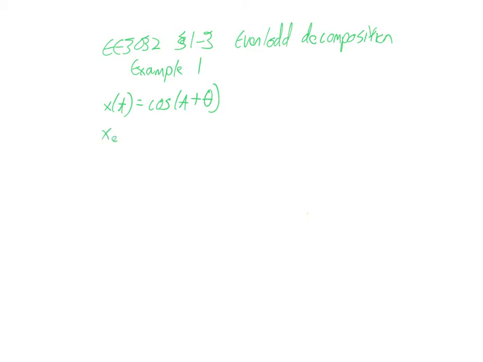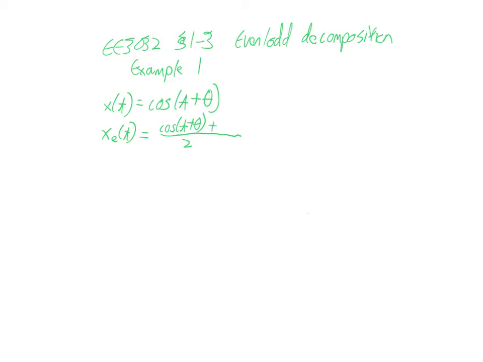So let's begin work on that using the definition that we had from last time, where we said the even portion is you take the original x of t, so there's the original x of t, and you take the version of it mirrored about the time axis.